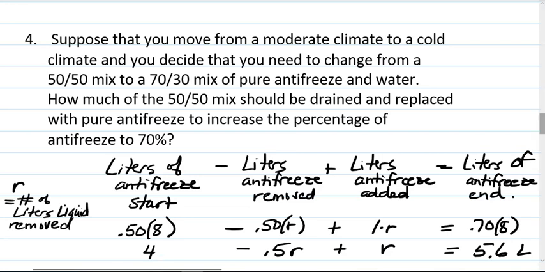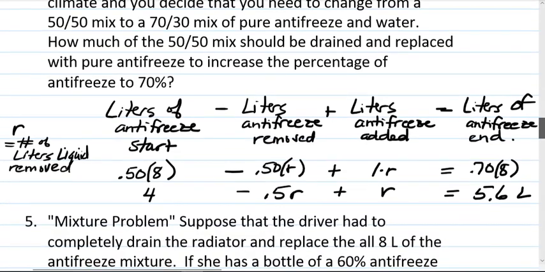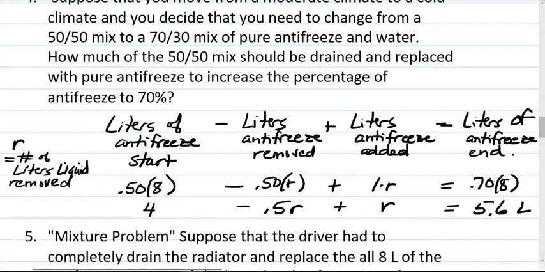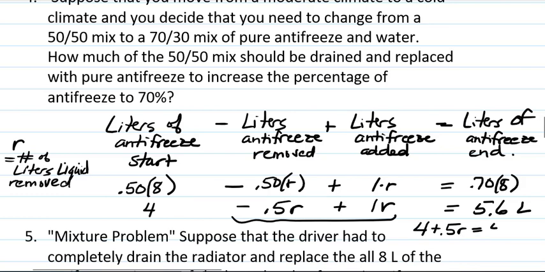Okay, so in this case, we only have one variable that we're solving for, R, and we can actually combine like terms here. So negative 0.5 plus 1 is going to give us a positive 0.5. So the equation looks like 4 plus 0.5 R equals 5.6.